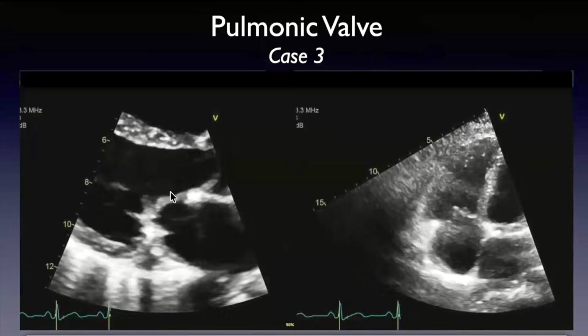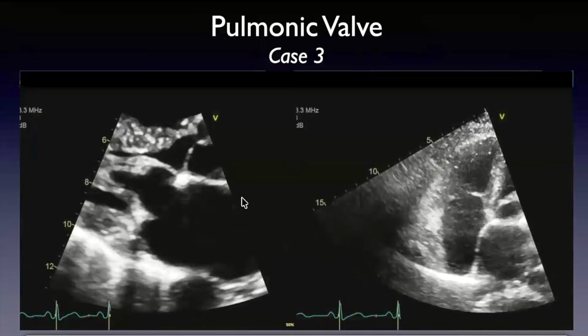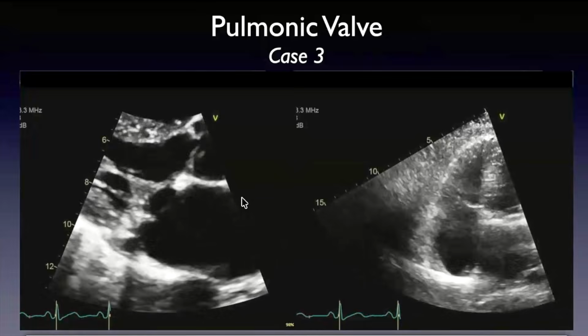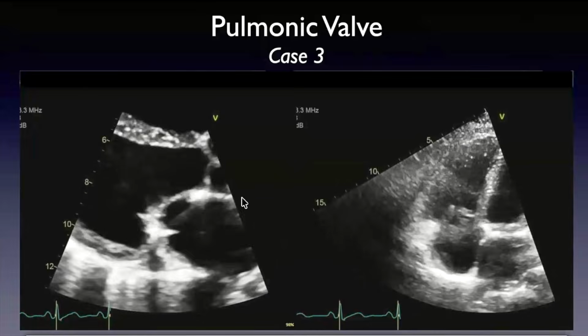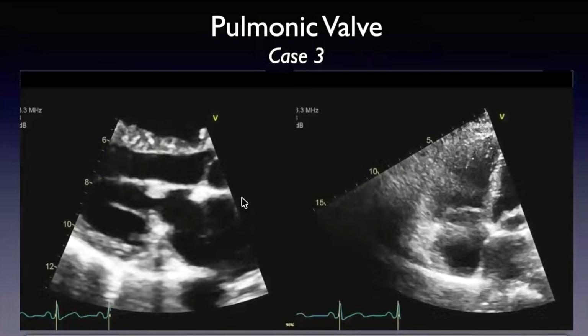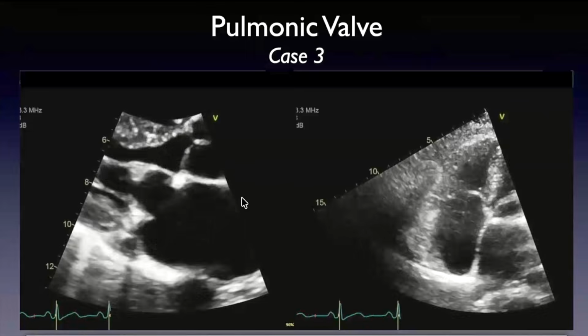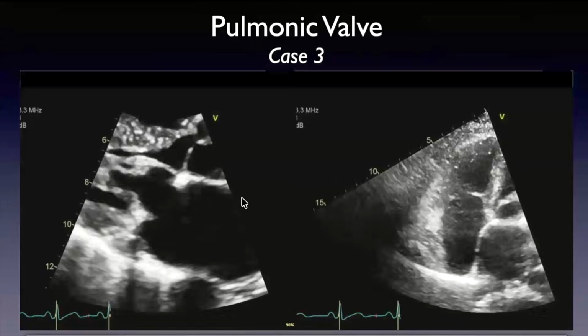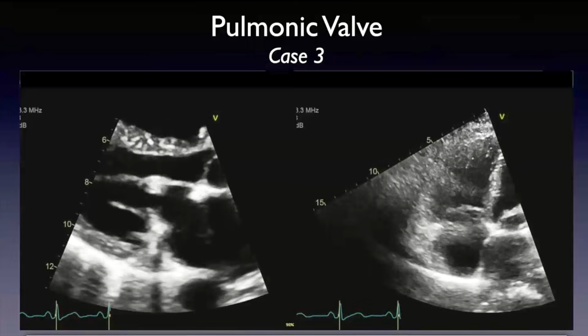And if you look closely here, you can see a bit of systolic doming of the aortic valve. So this is four valve involvement from rheumatic disease, and the pulmonic valve is the least involved. So in this case, the pulmonic valve doming is related to rheumatic involvement. So the clue is to look at the left-sided valves in this patient.